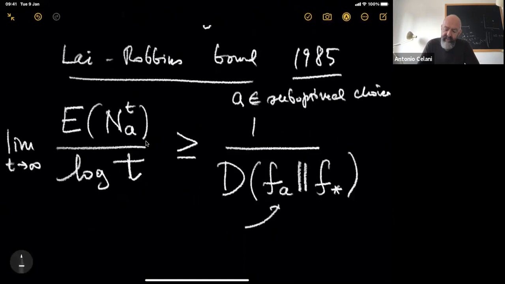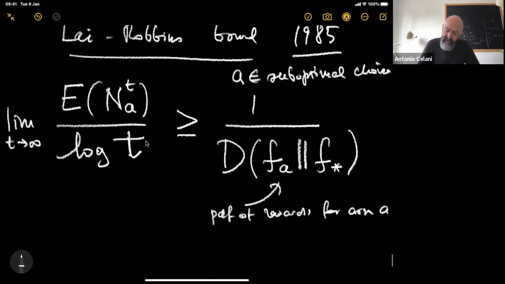So this is, remember, the PDF of rewards for arm A, and this is for the best arm. So there's a lot here to unpack. This is an asymptotic statement.